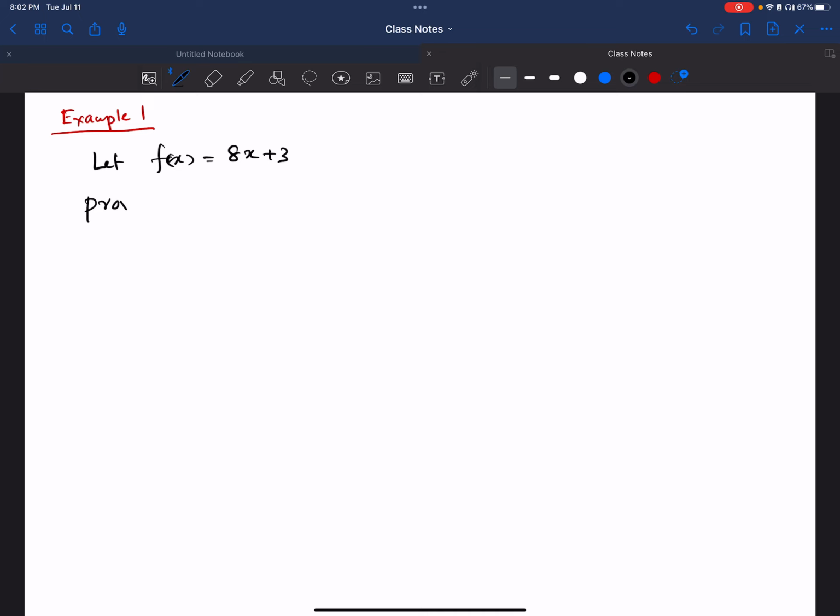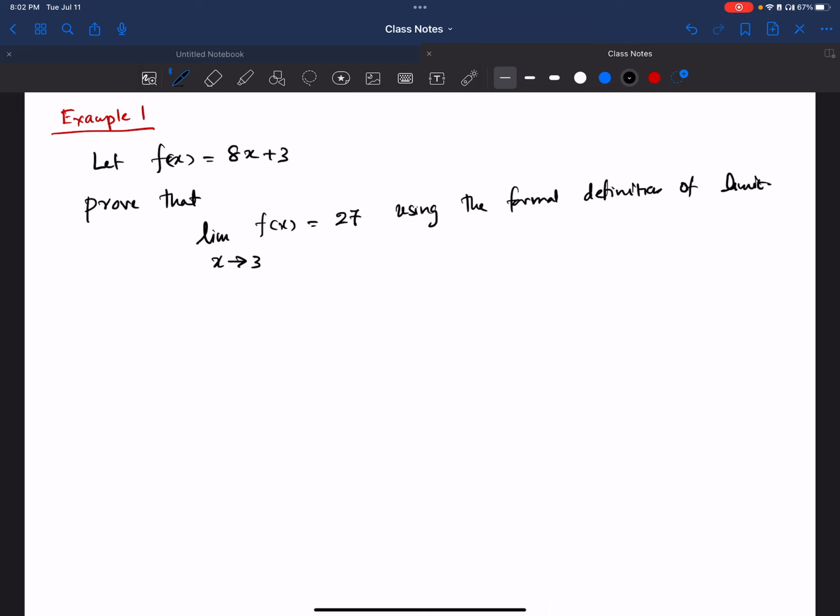Prove that the limit as x goes to 3 of f(x) equals 27 using the formal definition of limit.